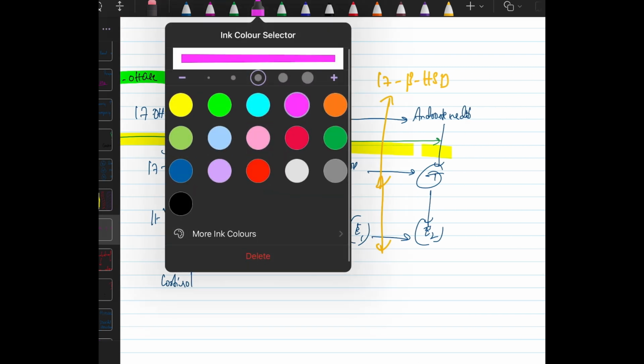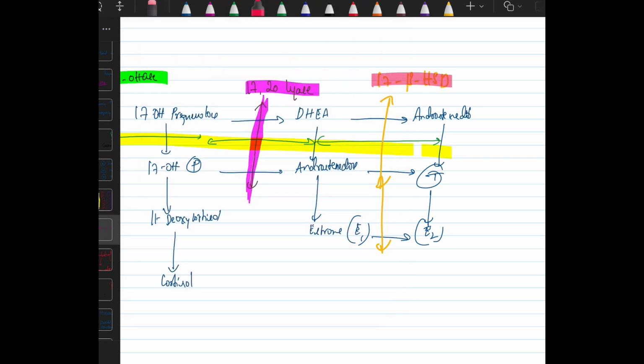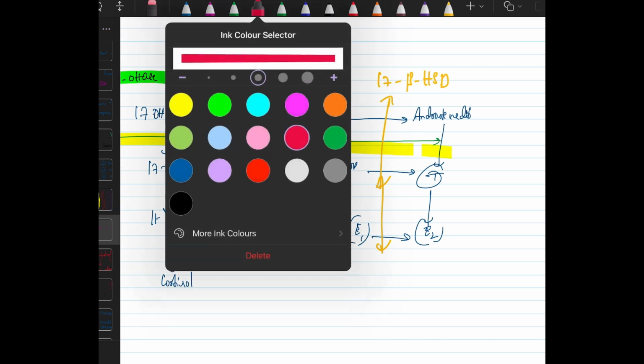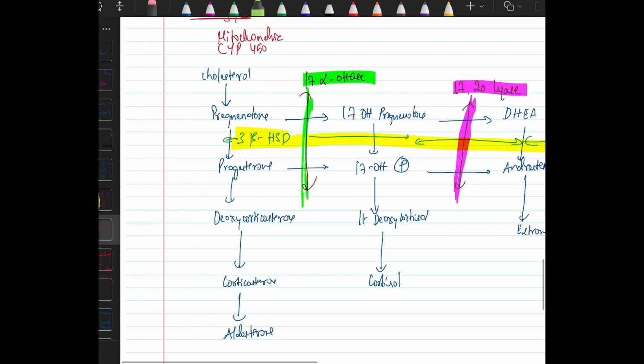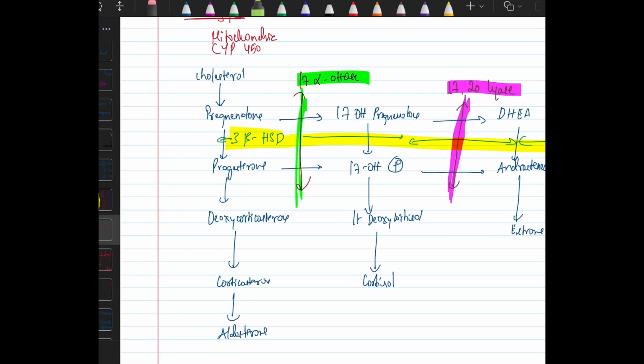Next, 17 beta hydro, wait, I'm so sorry, let me just highlight with the other light color. 17 beta hydroxysteroid dehydrogenase in this step. Now the other important things, this whole thing is by 21 hydroxylase.